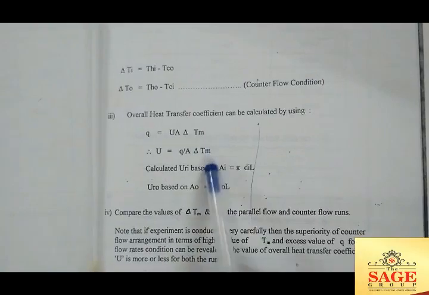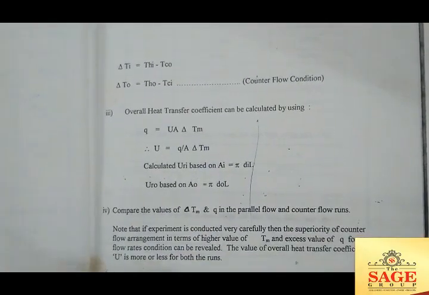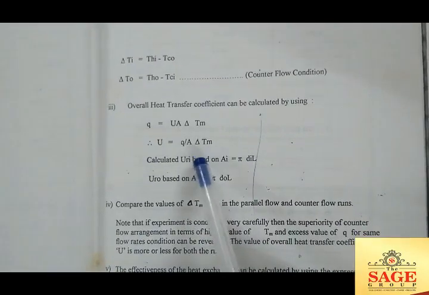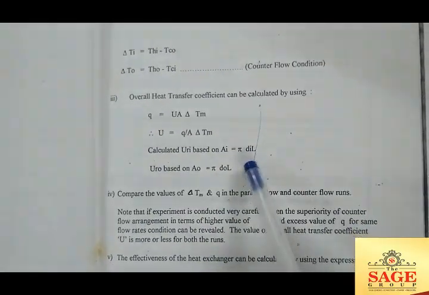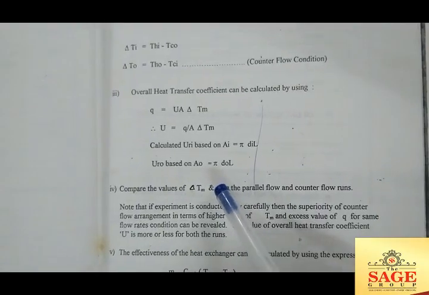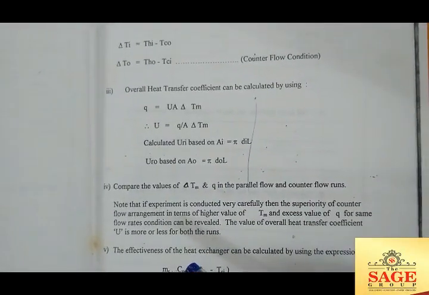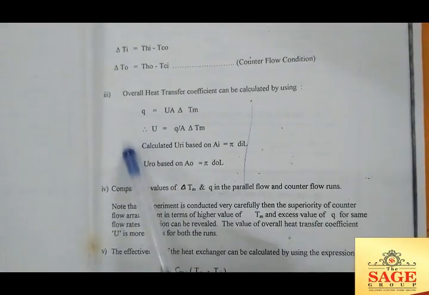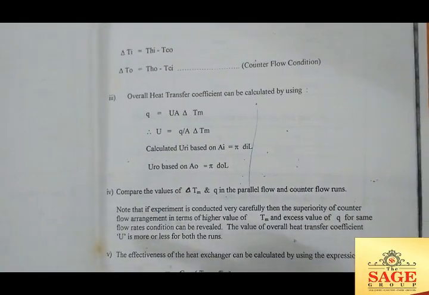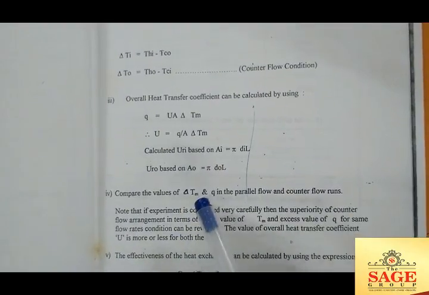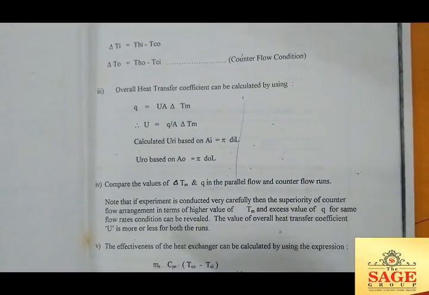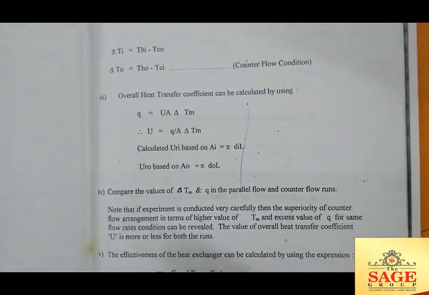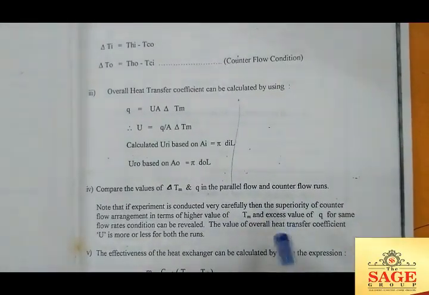Delta Tm is the LMTD we have just discussed, and Q is the heat transfer rate, Q equal to mH Cph (THI minus THO), and the area we can take as either Ai or Ao. Taking all the readings from the observation table we can find U, the overall heat transfer coefficient, which is the main coefficient and determines the rate of heat transfer, or the amount of heat transferred, from this setup using the parallel flow heat exchanger. Thank you.